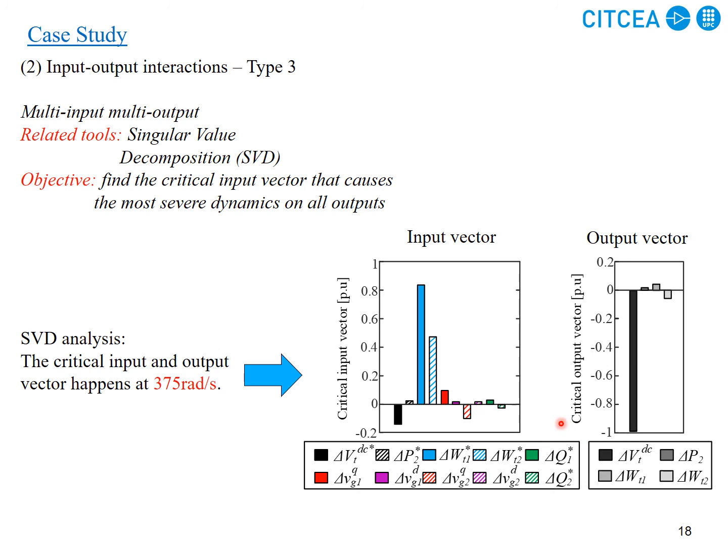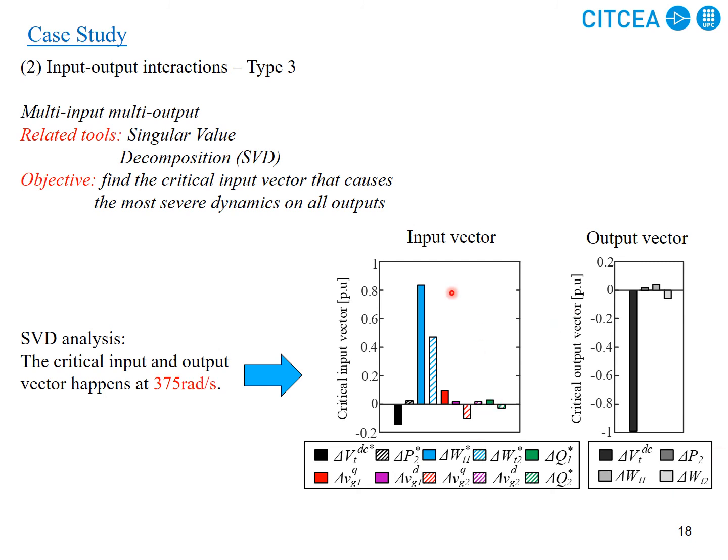1 per unit drop we should expect on the DC voltage, and the other outputs are not much affected. So this gives information about what is the worst condition, considering all inputs and all outputs, that I expect to see in my system.